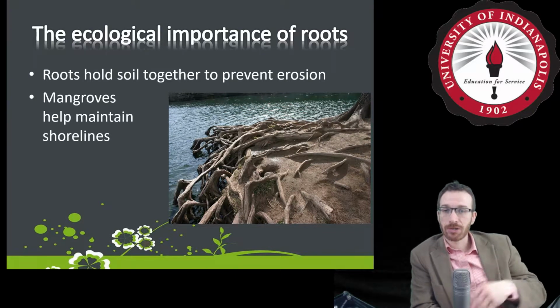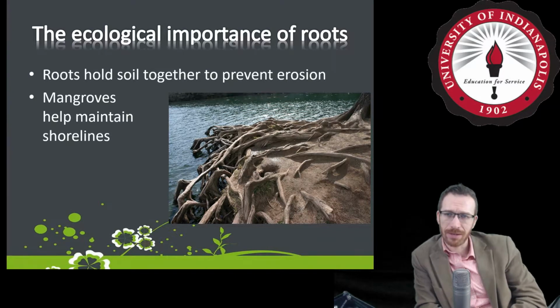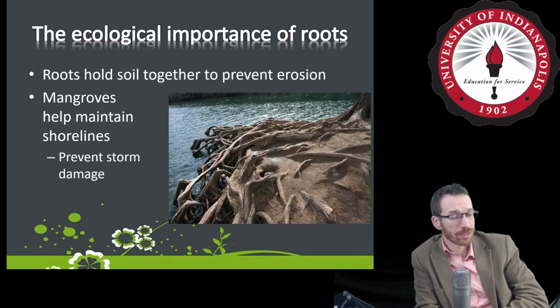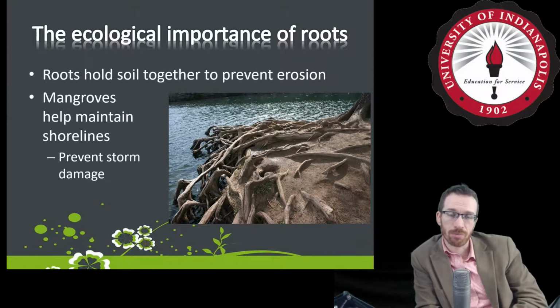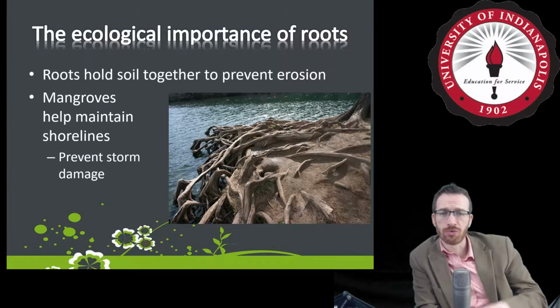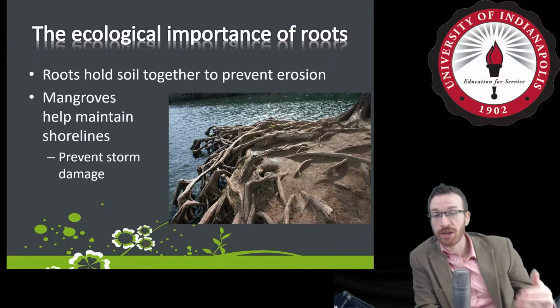You can see in this picture here of that exact thing happening, where that soil would most likely disappear if it were not for the root structure that is holding it in place. This is extremely important when it gets to preventing storm damage from hurricanes, from larger storms, from tsunamis and things, where these roots will maintain the shorelines, prevent erosion when that storm comes ashore.